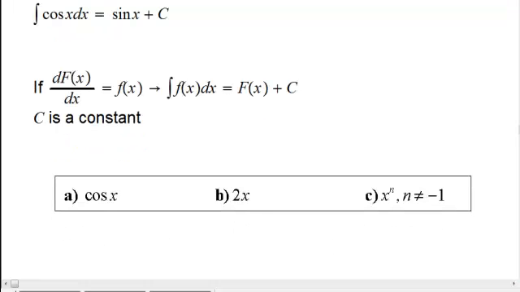Now he is asking us for the antiderivative of 2x, right? Everybody fine? So, whose derivative is 2x? Very nice. The derivative of x squared is what? 2x, right? And plus a constant, of course.